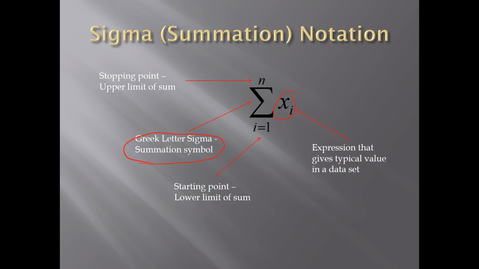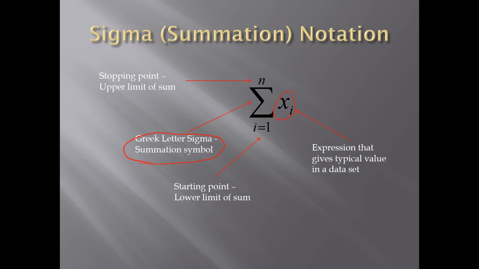And that just tells you how to find the numbers in the list if there's some sort of pattern. In our case, there wasn't any pattern to our cell phone bill. It was just random numbers, so that's why you saw the xi. If there was a pattern, such as the bill went up by $5 each month, you might see an algebraic expression there where it tells you how to find what your bill is every month.